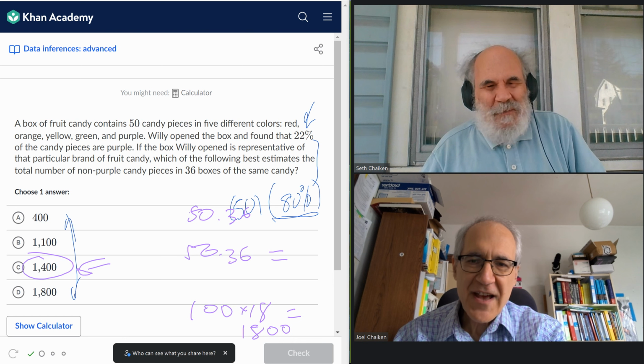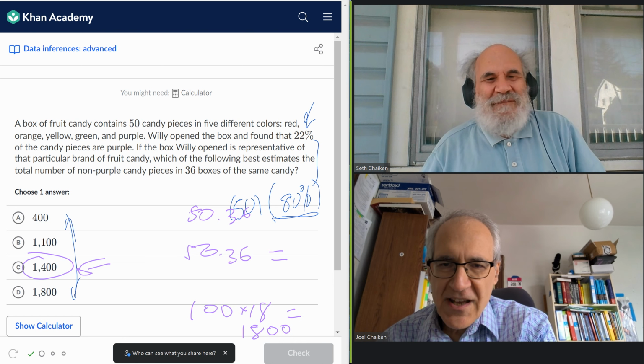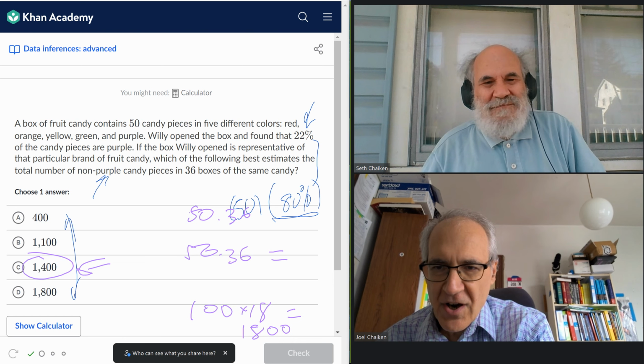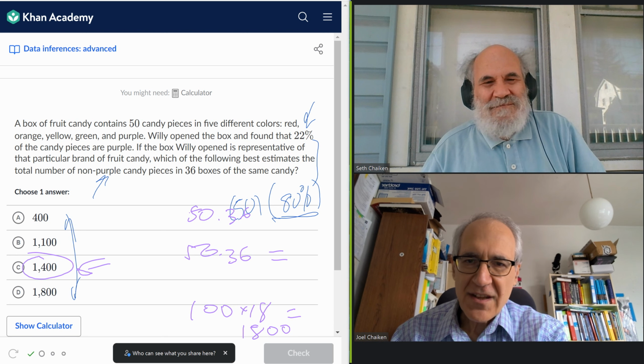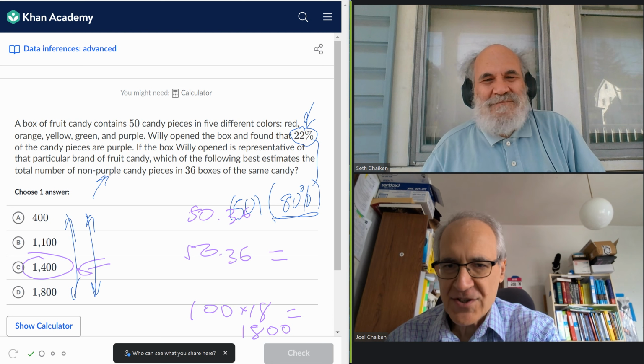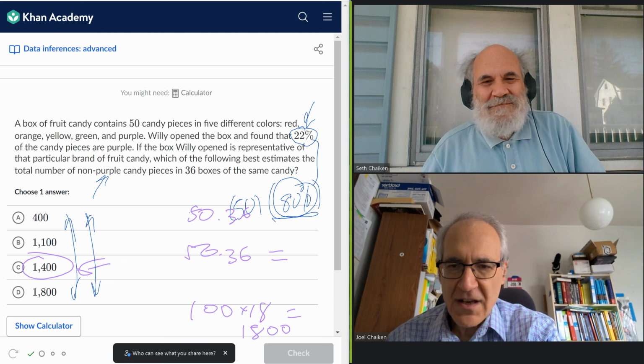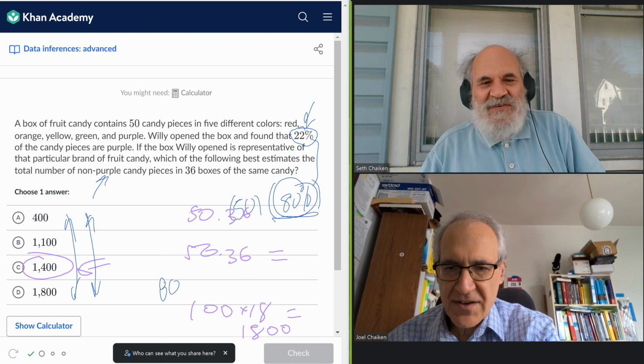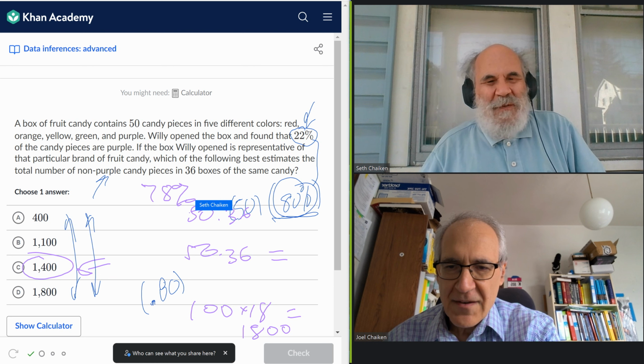Very good, Seth. So let's do that a little slower. The non-purple are what they call the complement, the difference between 100% and 22%. And the answers here are far from each other, so we can approximate it at 80%. Well, it's exactly 78%, which is right, but we don't care about that.